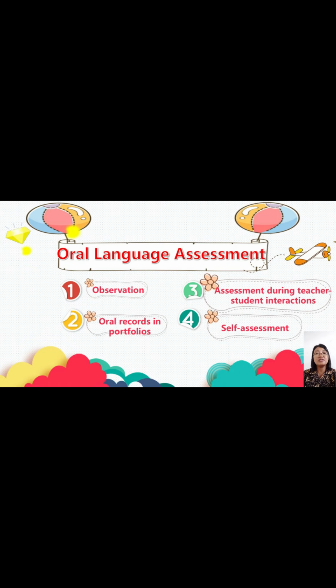And then the third, assessment during teacher-student interaction. Teacher-student interaction around a text, for example, in a reading and writing conference, in which they focus together on a shared interest, provides opportunities for close analysis of language.